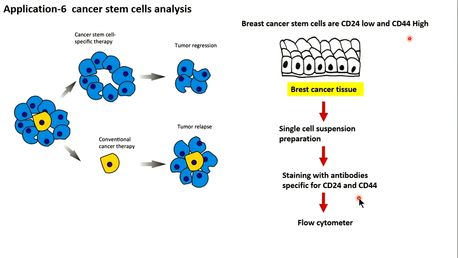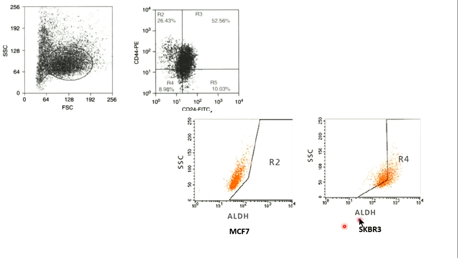Right? So how do we analyze by flow cytometry? Once we have information about CD24 and CD44, then it is very easy to do. You take breast cancer tissue, you treat it enzymatically and do mechanical grinding. You prepare a single cell suspension and you stain this single cell suspension with antibodies against CD24 and CD44 and you put them in the flow cytometer and you get this result.